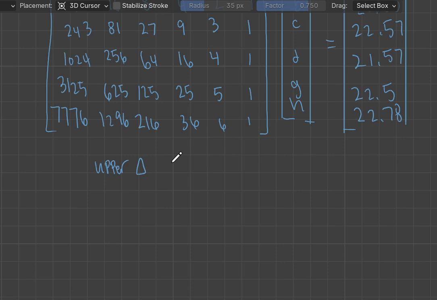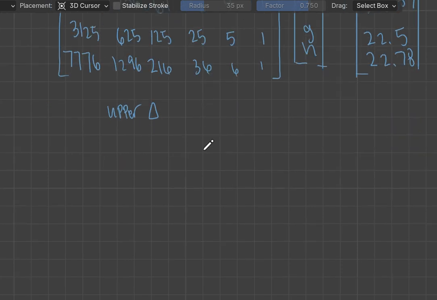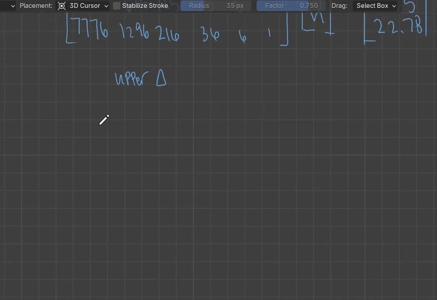An upper triangular matrix has the form where all the diagonals in the list are 1, and everything filled in below is 0. Anything above can be whatever, but my main goal is to get all 1s in the diagonal and all 0s below that.